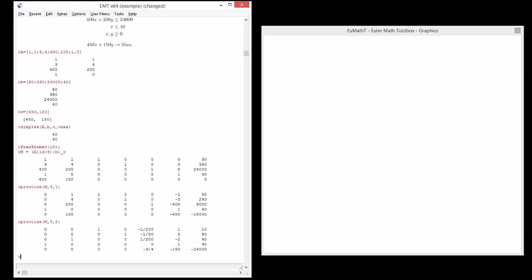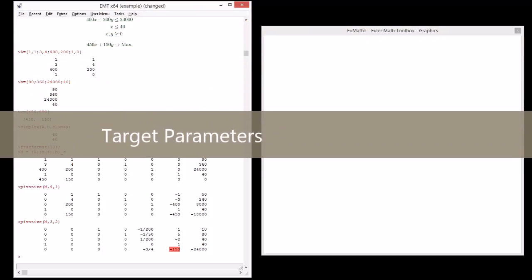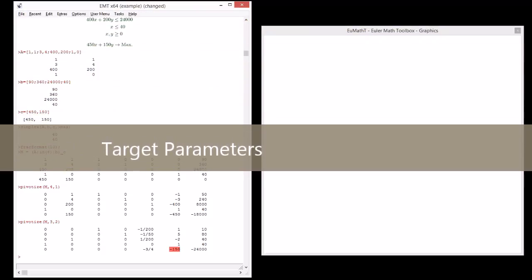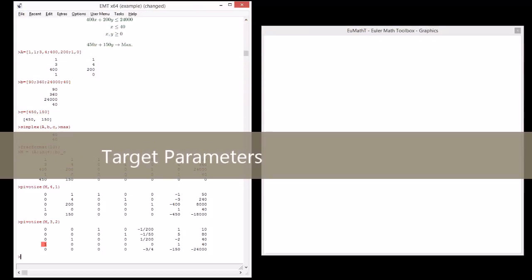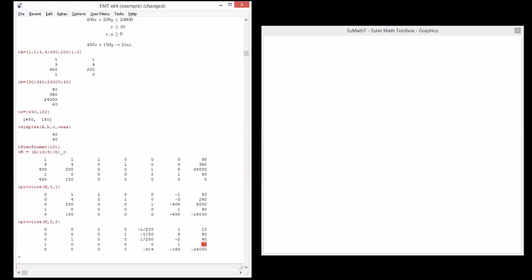We have now found our optimal value. All remaining target values are negative, and we can now read x is 40 and y is also 40.